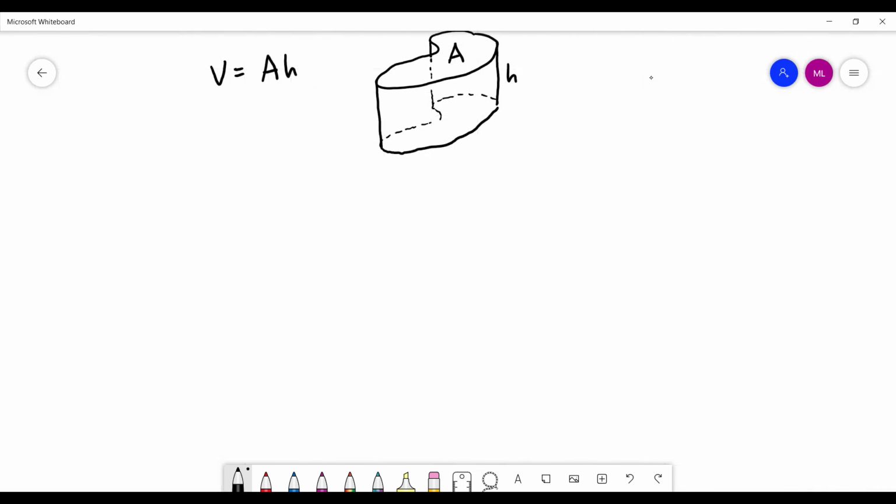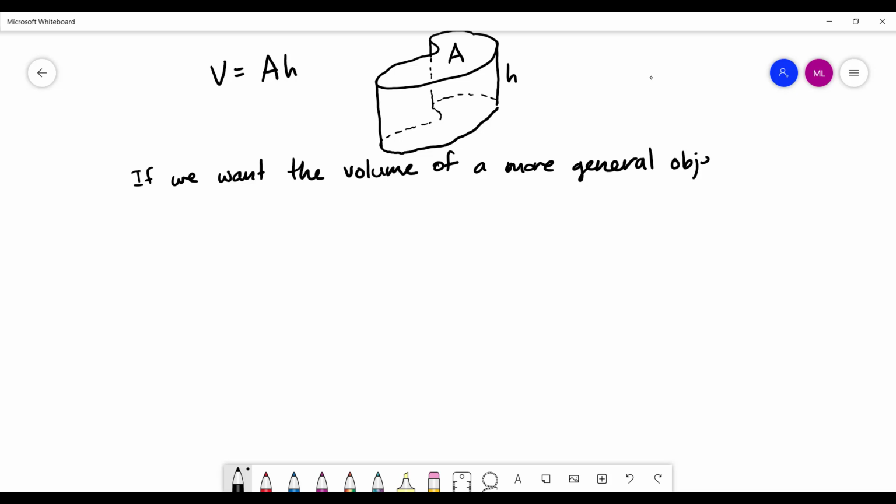So if we want the volume of a more general object, and for now we'll stick to objects that have circular cross sections, and you'll see what I mean by that in a minute.